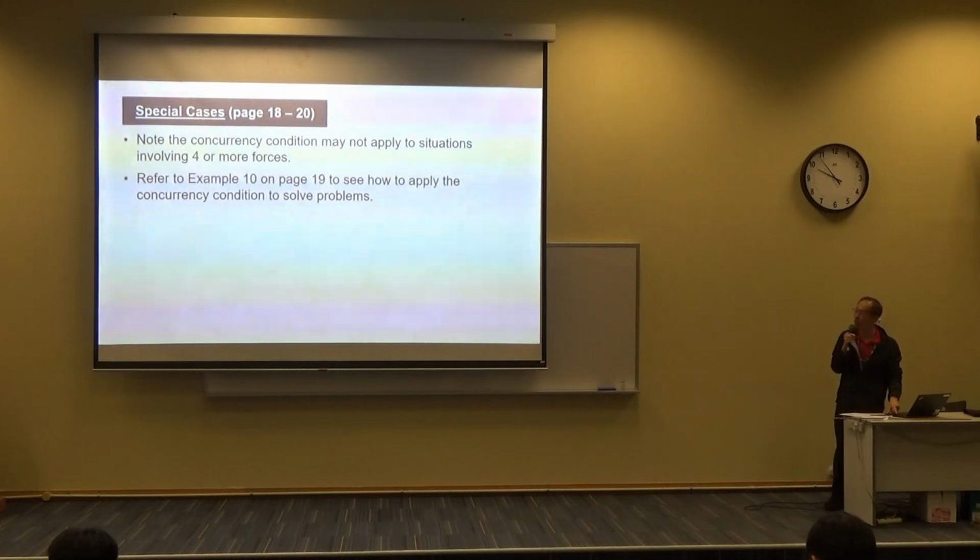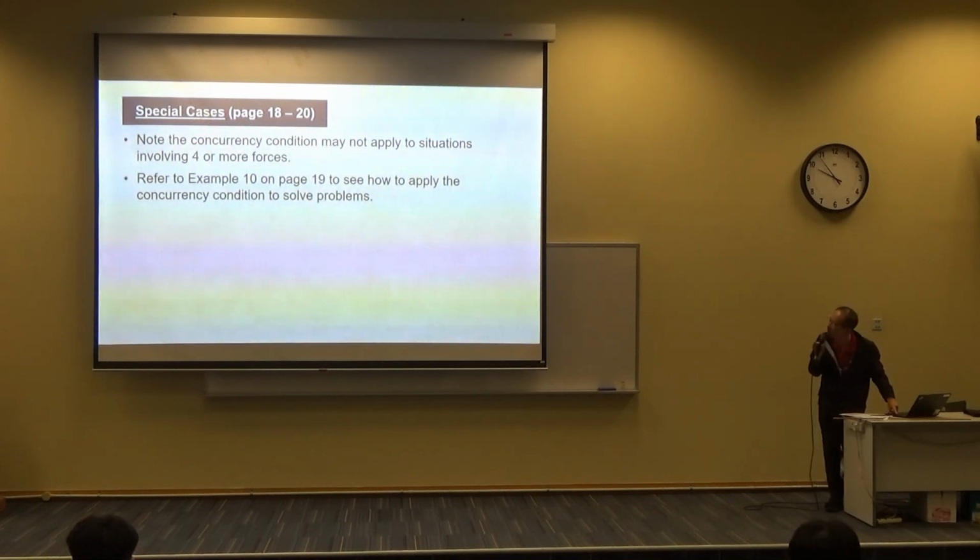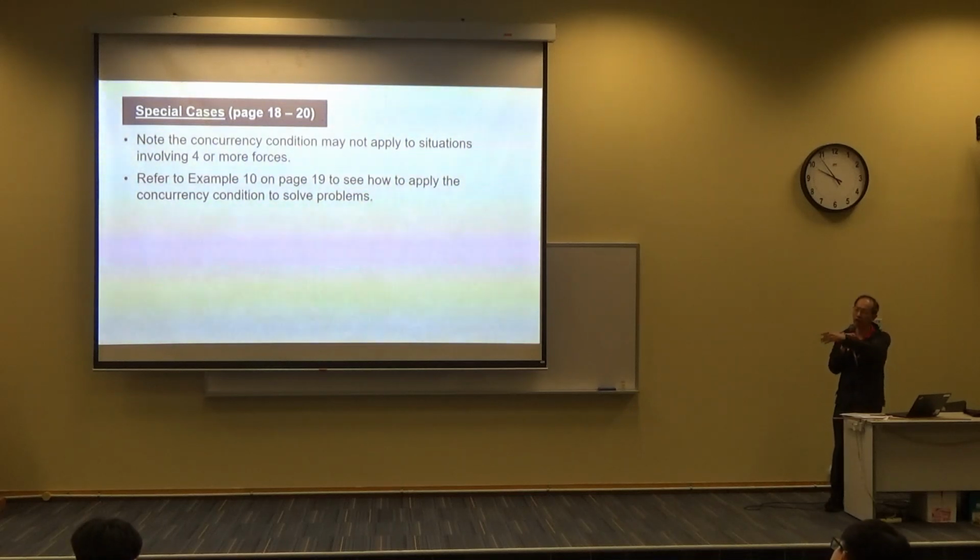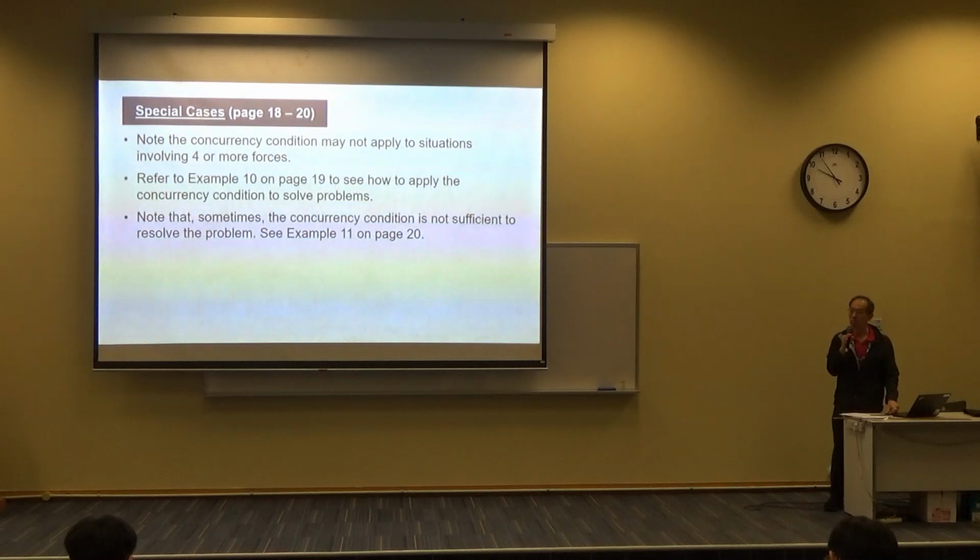But the concurrency condition can be applied, so you can see example 10. Now in SLS, I'll work through all the examples to flesh out what I'm talking about here. So example 10 is the one where you can use the forces must be concurrent to find the direction of the third force. But sometimes, just because forces are concurrent, may not allow you to solve the problem completely.